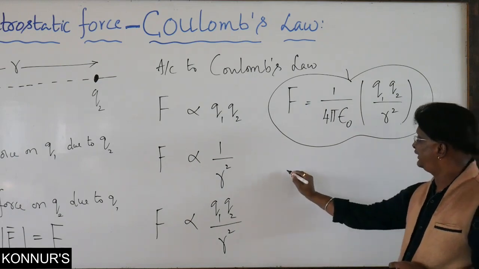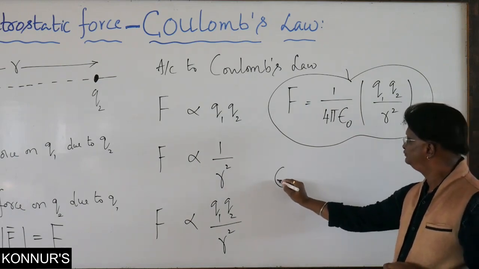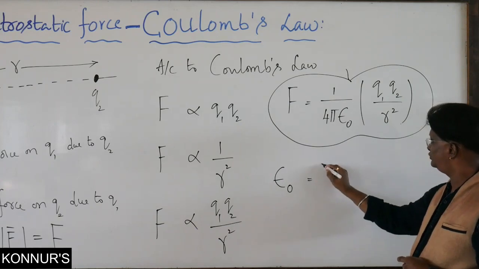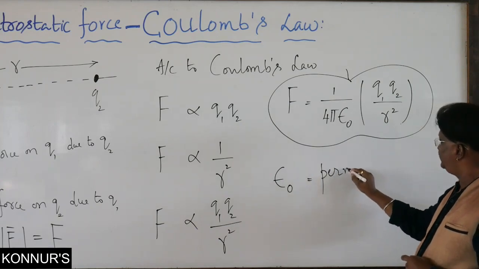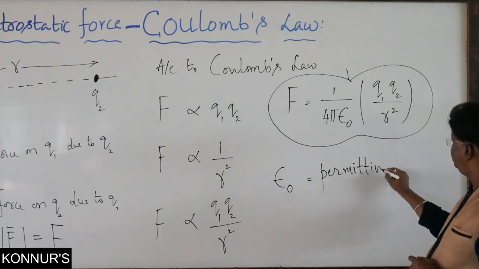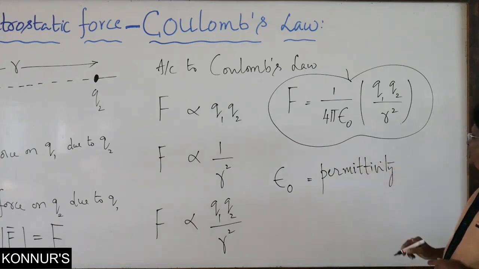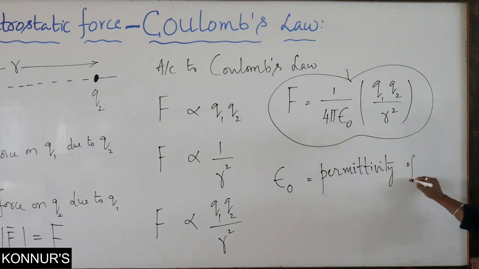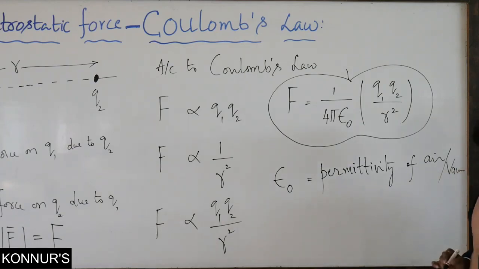This epsilon naught is called permittivity, P-E-R-M-I-T-T-I-V-I-T-Y, the permittivity of air or vacuum. So what does it mean?